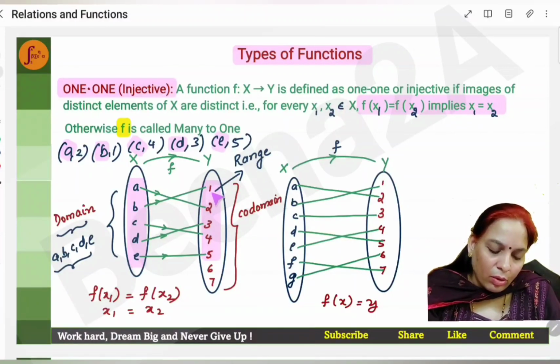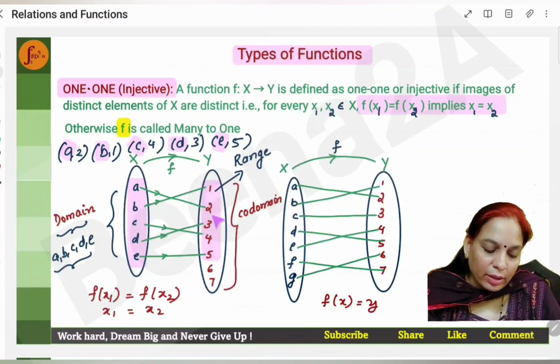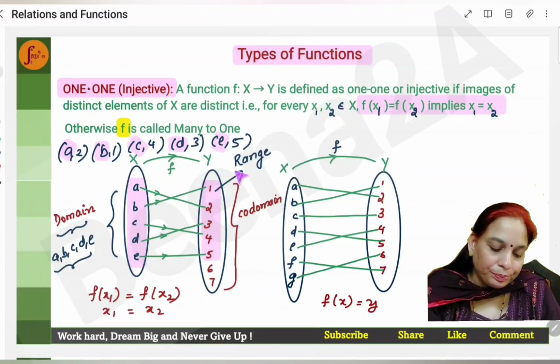Range is all the elements that are images of the elements in set X. In this case, 1, 2, 3, 4, 5. These elements which are mapped are called the range.